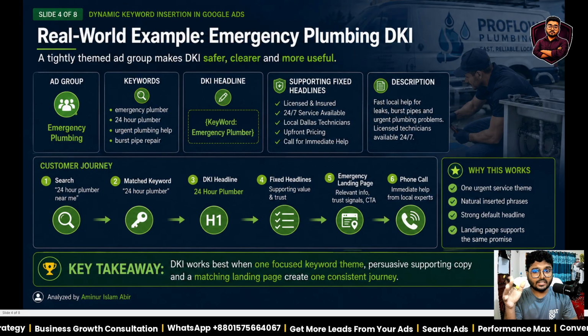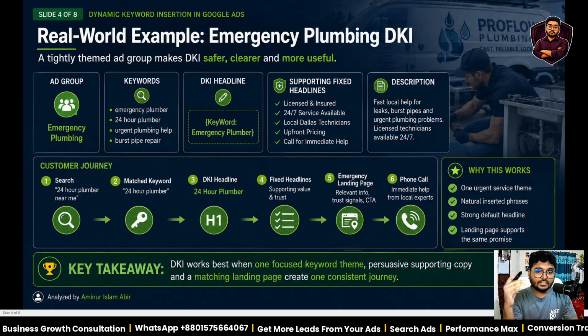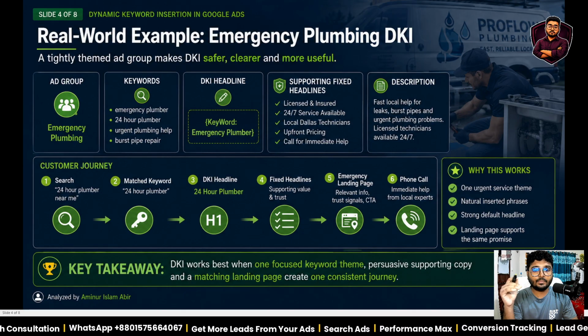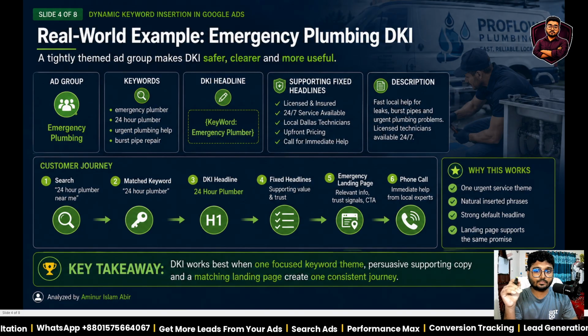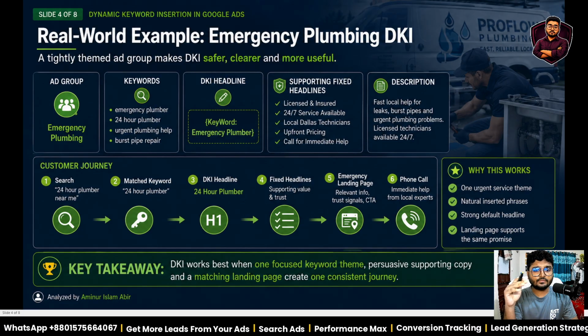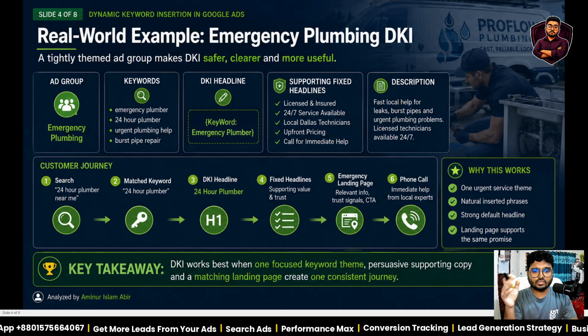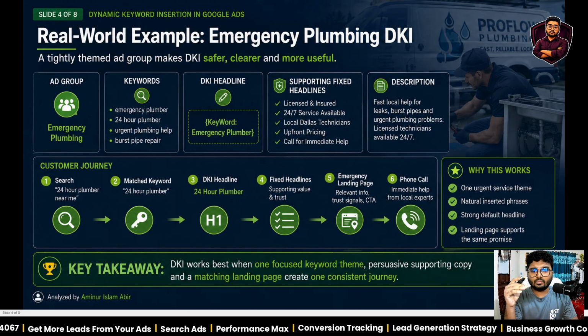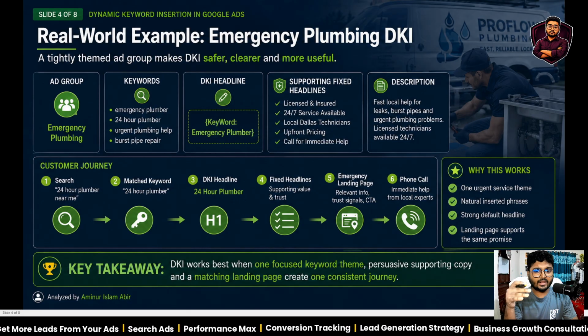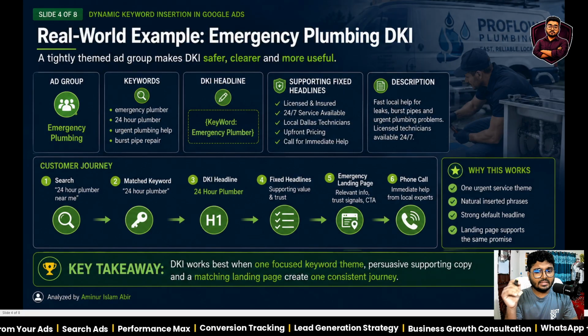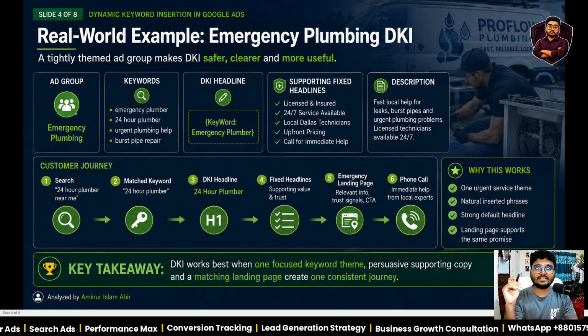The inserted phrases sound natural. The default headline is relevant. The fixed copy creates trust, and the page supports the emergency service promise. The success comes from the complete customer journey, not the DKI syntax alone. DKI works best when keywords, theme, advertisement, and landing page support one customer need. Now let's examine the mistakes that make DKI risky.